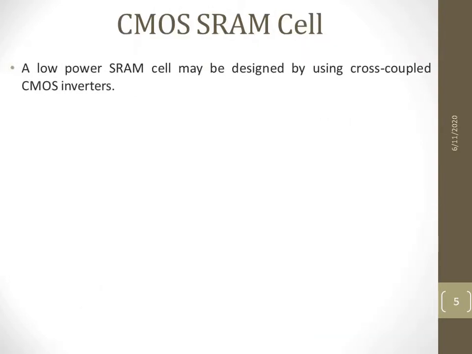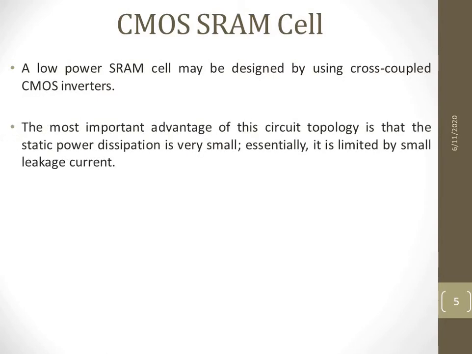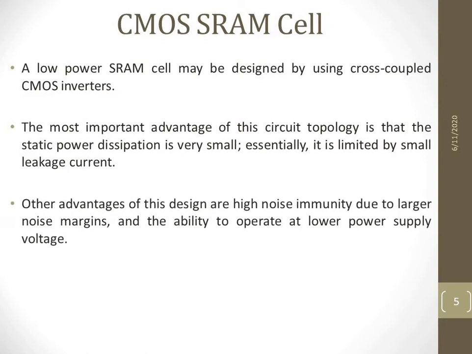A low power SRAM cell may be designed by using cross coupled CMOS inverters, like what we have shown in the previous diagram. The most important advantage of this circuit topology is that the static power dissipation is very small. Essentially, it is limited by small leakage current.